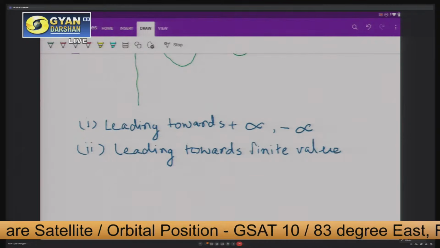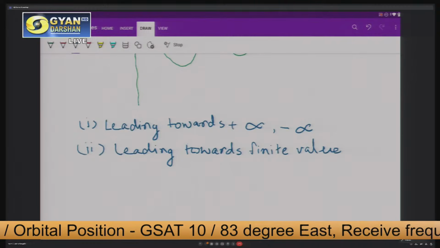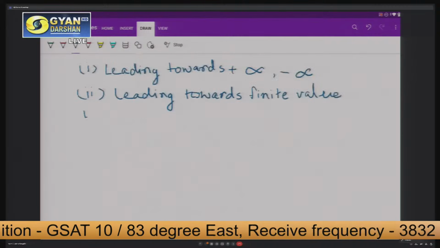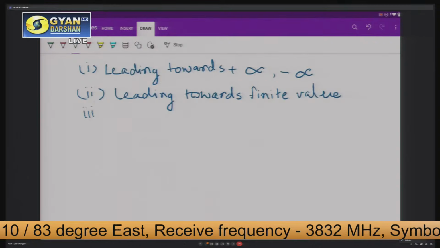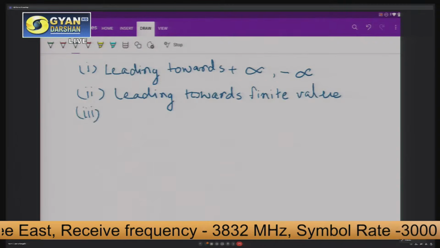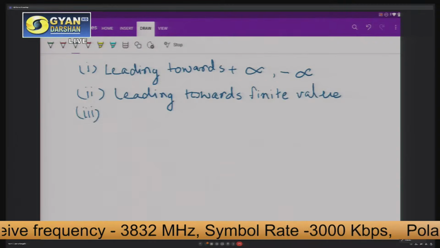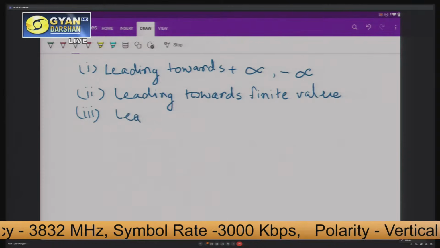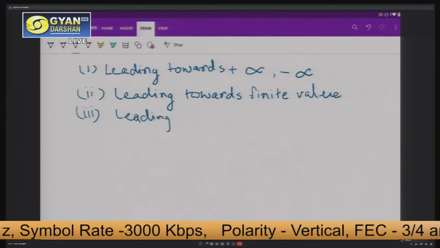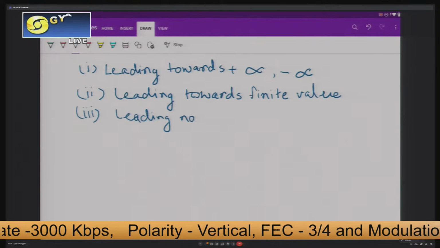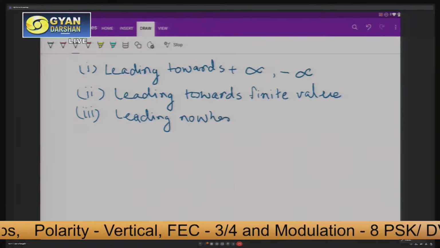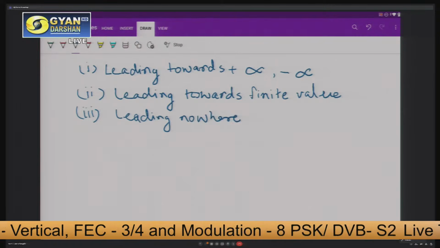And there is a third category of sequence which are leading nowhere.